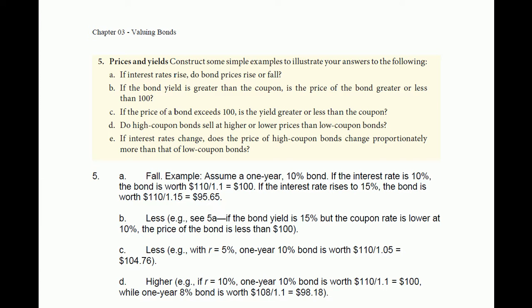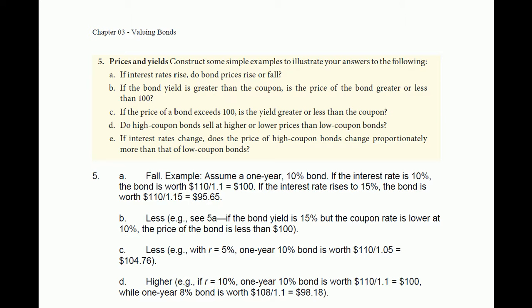A simple example is as follows. Assume a 1-year 10% coupon bond. If the interest rate is 10%, the bond is worth 110 over 1.1, and the price will be 100.